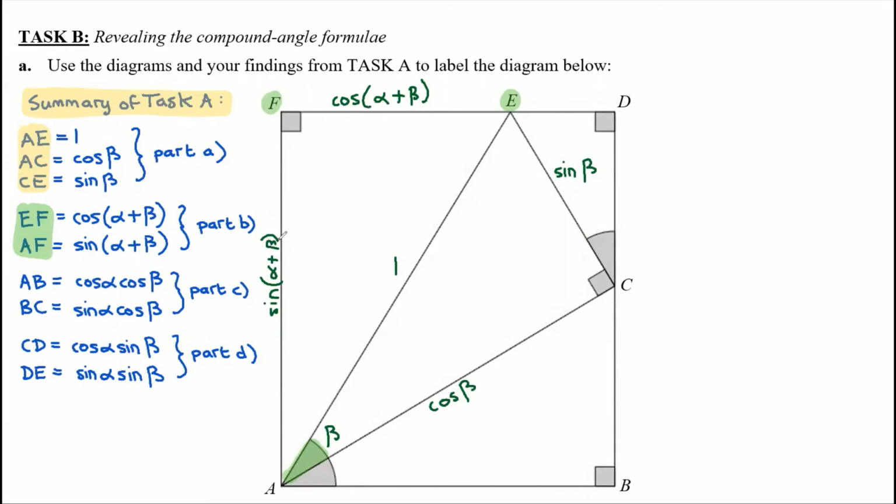Okay, and can we see why? Well, this is a right angle triangle, and we know that this side here is the opposite side, as is customary because it's the sine of the angle. We've got a hypotenuse of 1 that it shares with the triangle ACE. Then that makes the angle in the corner up here in the top right, this must be the angle alpha plus beta. Okay, and you may have noticed as well that this is actually an alternate angle, alternate to the angle that we were dealing with a few moments ago.